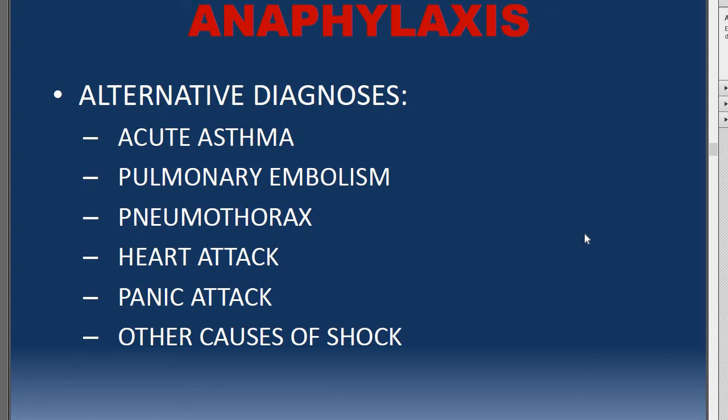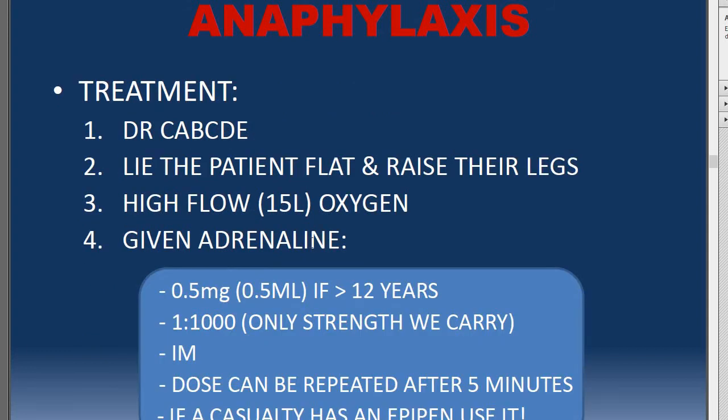So if someone's very wheezy in their chest, it could be asthma, it could be anaphylaxis, but realistically, if it's just a B problem, let's give them some salbutamol, some oxygen, and if we think it's allergic and there's some facial swelling, then it may be a time to give some adrenaline. I won't go into too much detail. I think I'm going to confuse you if I start going through all these lists of other problems.